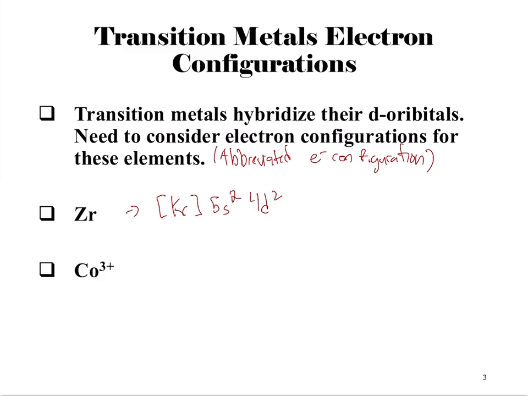And so what about cobalt? What would the electron configuration for cobalt be? The abbreviated electron configuration. What's the most recent noble gas? Argon, right? So we're going to start from argon, and then we'll worry about the ionization in a second.